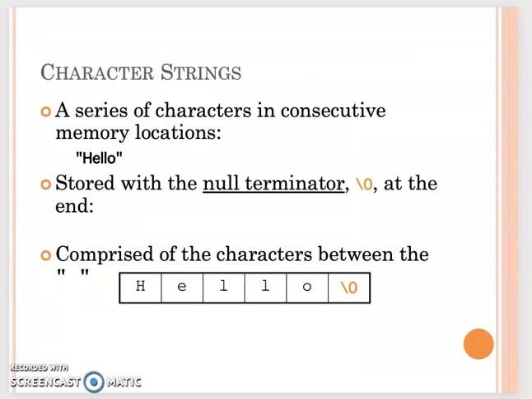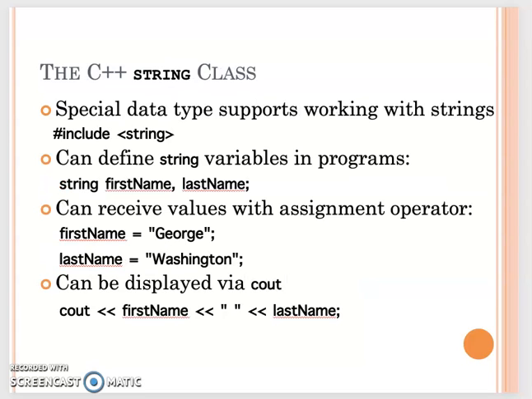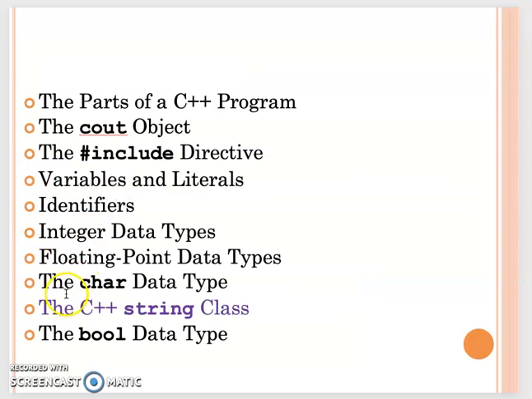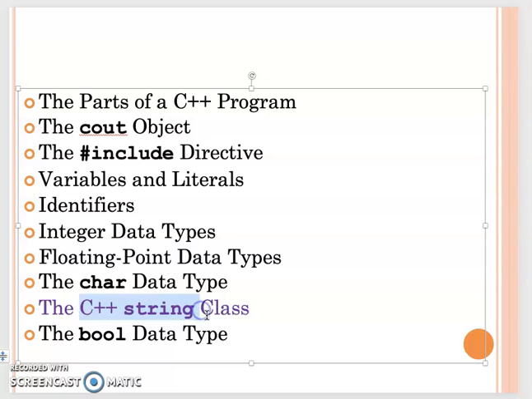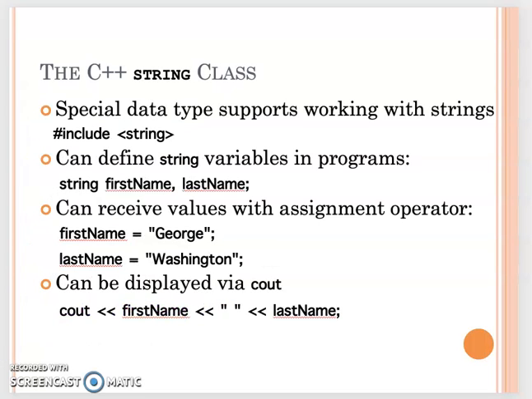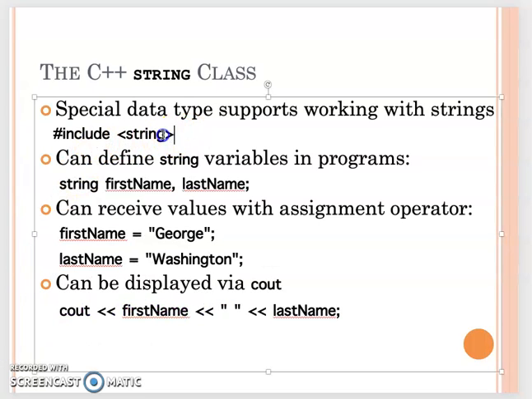Next, after the character variable, let's talk about our string. Here we talk about the string you usually see, which we call the C++ string. If you are talking about the C++ string, then we need to include the string library.